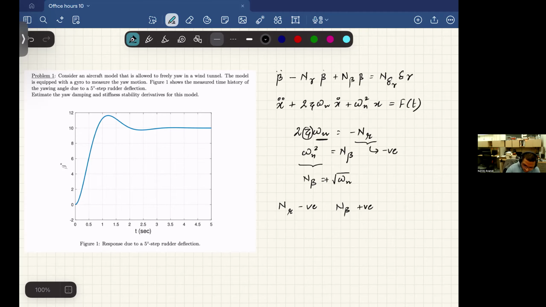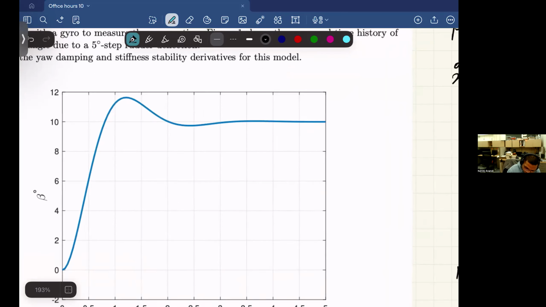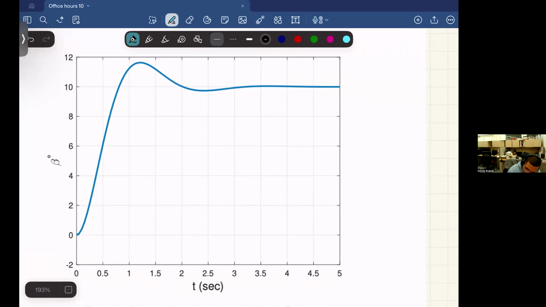For that, we will look at this graph, and you'll see that the steady state settling value is very clear. It's 10 degrees. So beta steady state equals 10 degrees. Next, I also need to know the time at which the peak occurs. So let's roughly sketch it out.